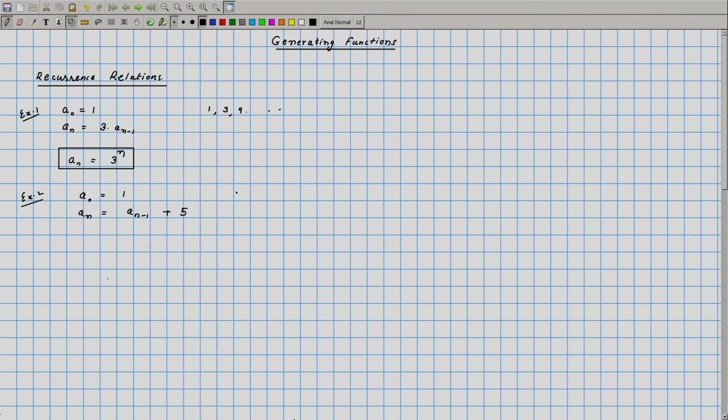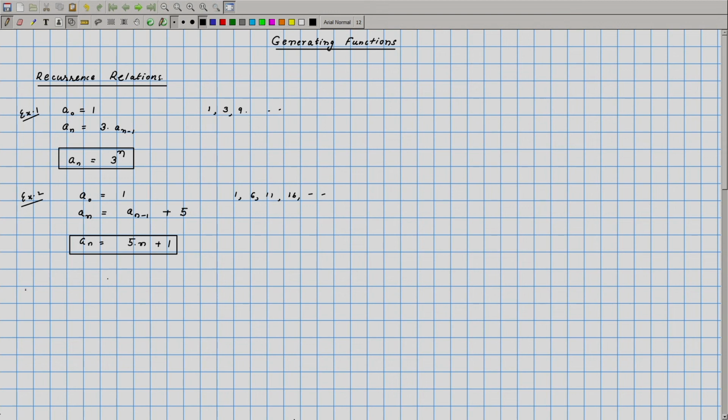If you write down the sequence, you get 1, 6, 11, 16 and so on. Therefore, a n is just going to be 5 into n plus 1. So, these are the solutions. You can think of this as a closed form solution to the recurrence relation that we are given.